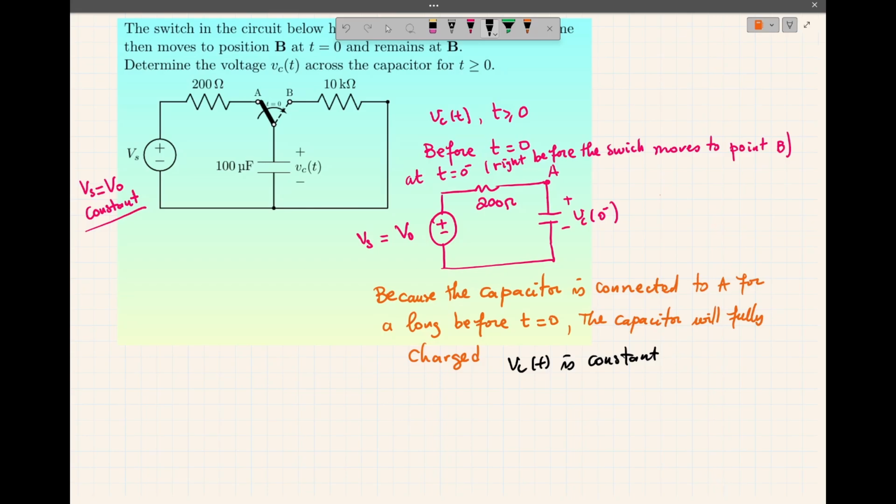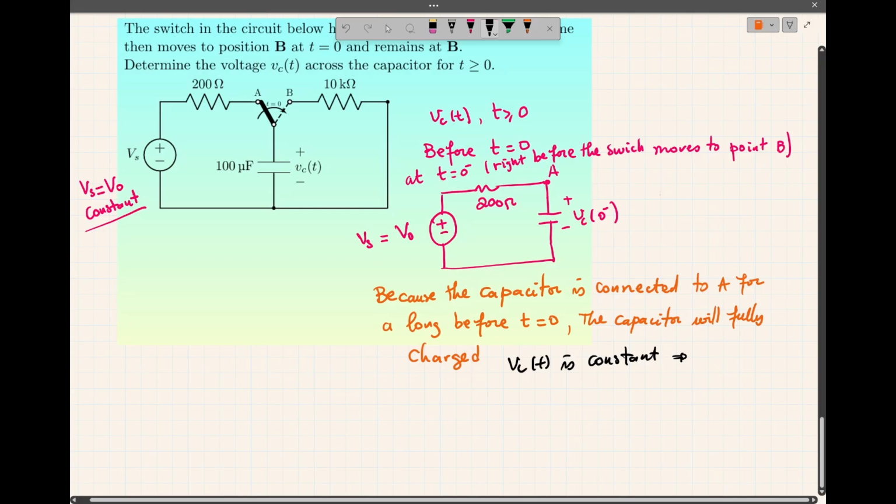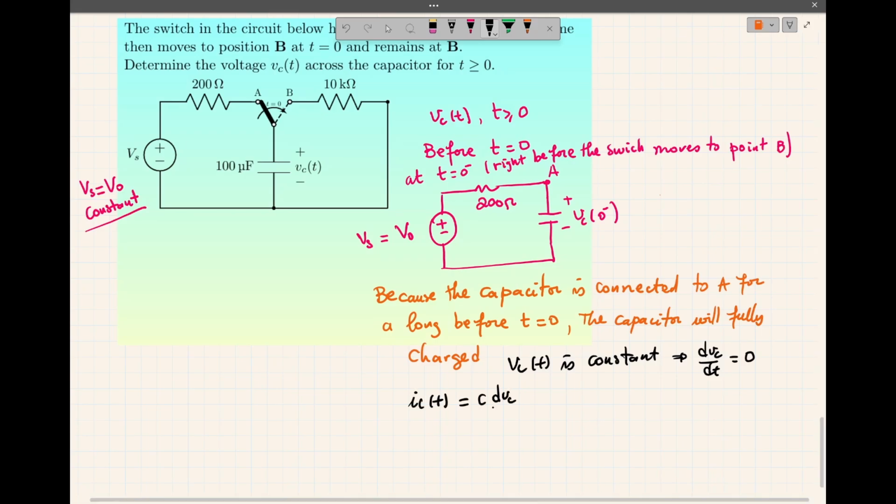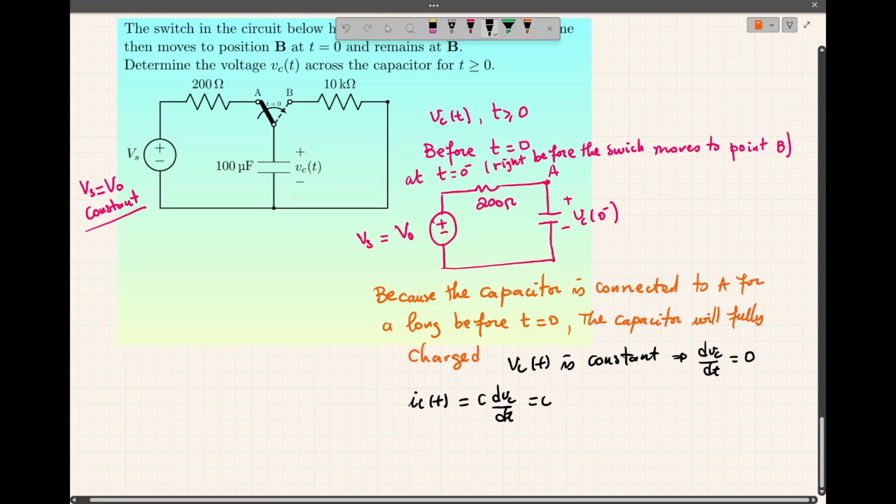That means dVc/dt equal to 0. We know the current Ic equal to C dVc/dt, so 0 amps. This implies that the capacitor is an open circuit.